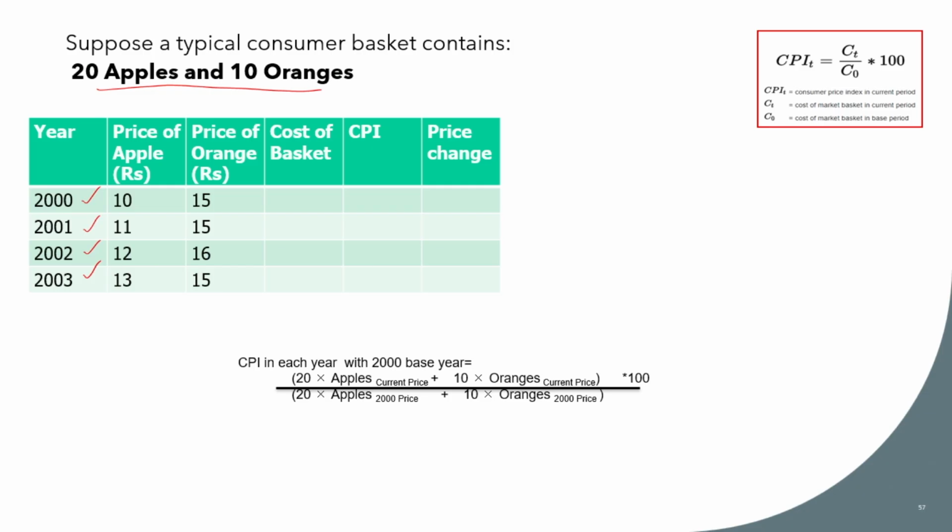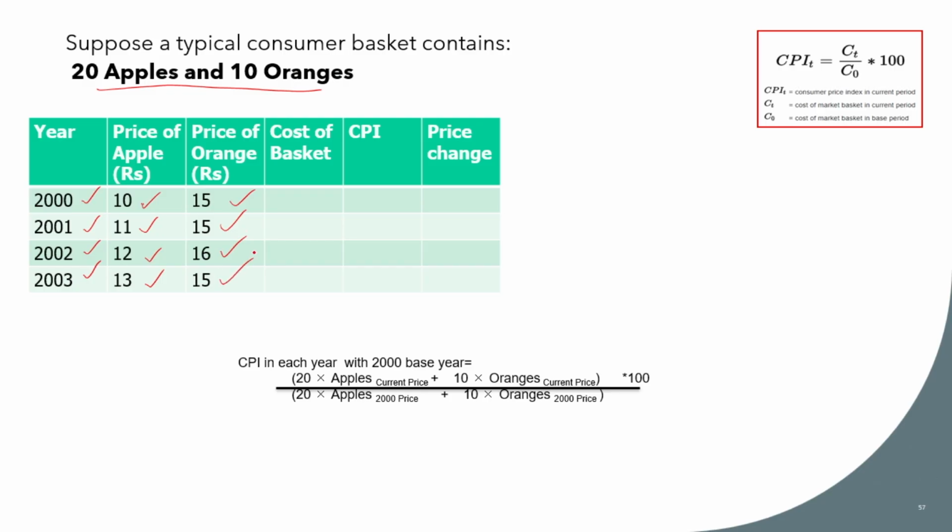We are not going to change it. So the quantity remains the same, but the price of apple and the price of orange change. You can see the price of apple over the years changes from 10, 11, 12 and 13, and orange also, in the first year it was 15.